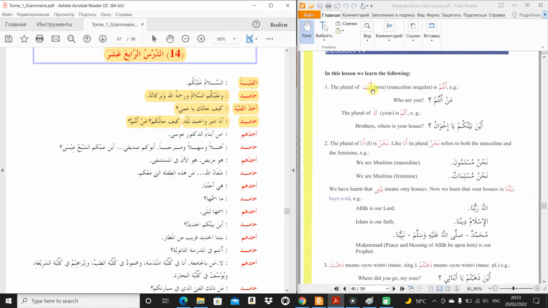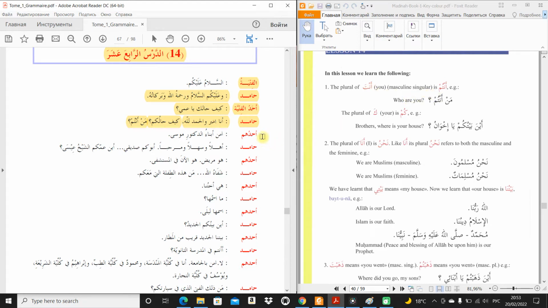And again, the plural of anta is antum. Anta is used when we refer to one person, it means you, and antum again means you, but it's used as the plural of anta. If you see a group of people, you can't say kaifa anta, because anta is for a single person, but antum is for plural.